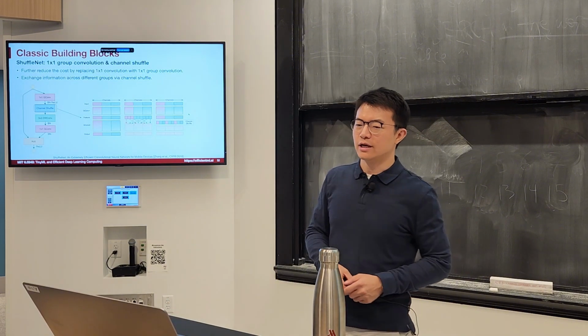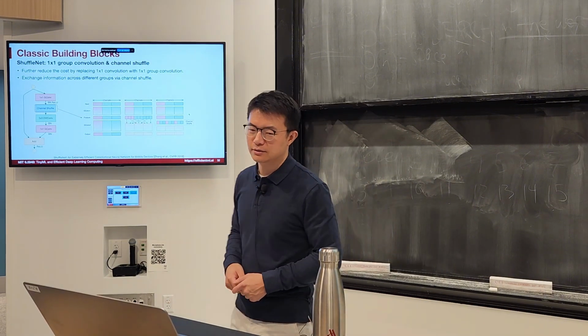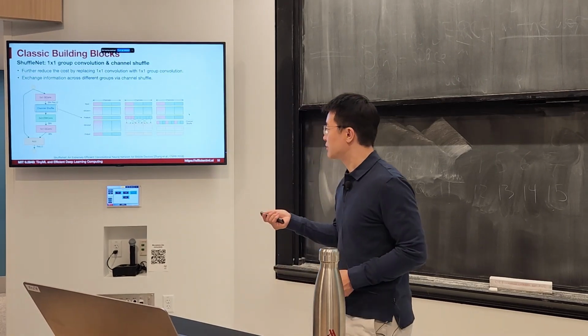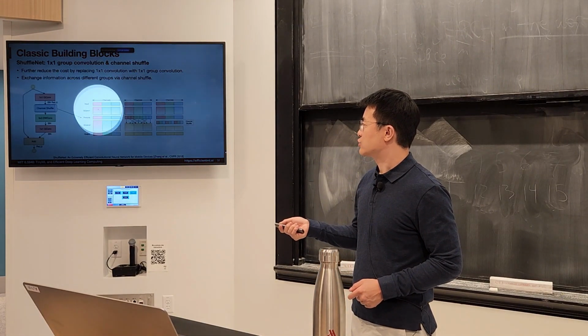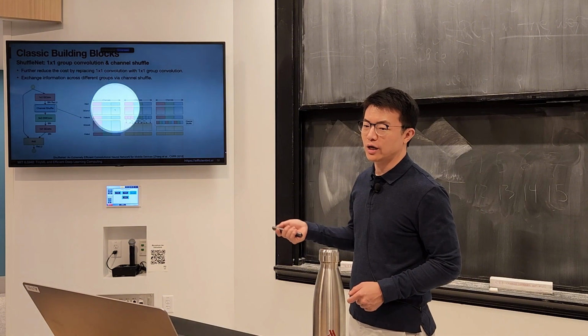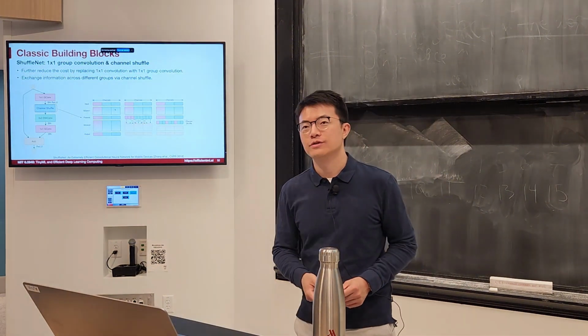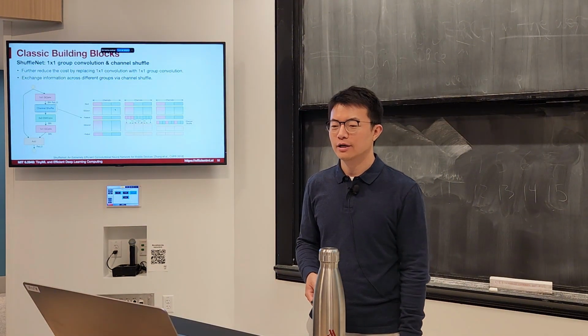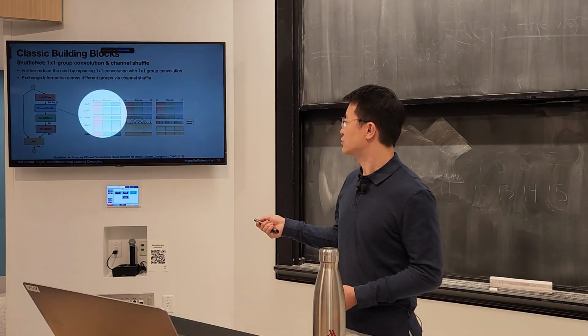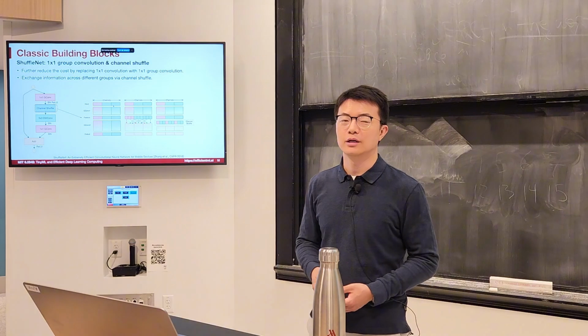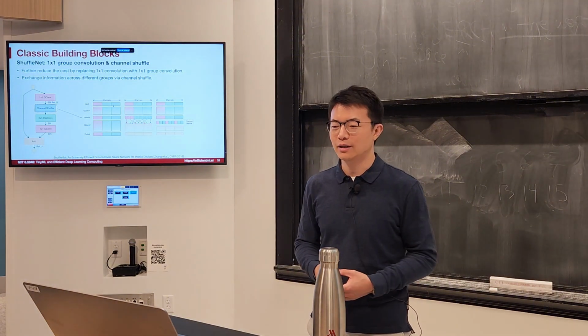All right, next design, next building block, ShuffleNet. Okay. So here we are familiar with this already, 1x1 conv, 3x3, 1x1. And this is group-wise convolution. Now we have three groups. What is the problem here? Different groups only interact with themselves. Okay, so red group, green, and blue group, they are independent.